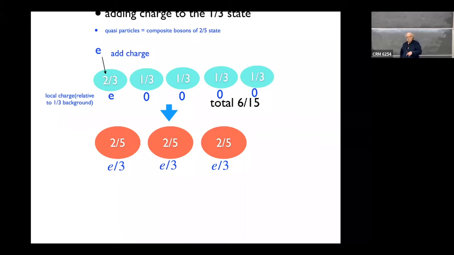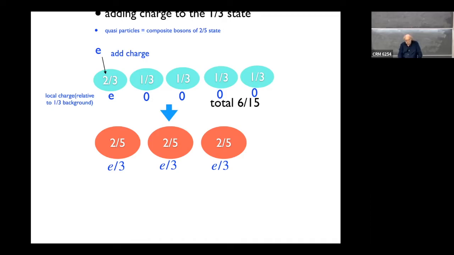The first place it's going to go is into one of these composite bosons and jack it up from being 1 particle in 3 orbitals to 2 particles in 3 orbitals, and convert it to being a fermion too, I guess. But that's an unstable thing. What actually happens is I can then let this object recombine with 4 neutral 1/3 droplets.